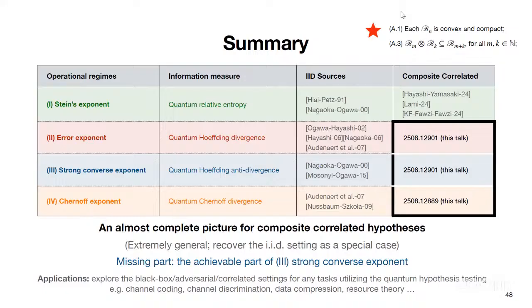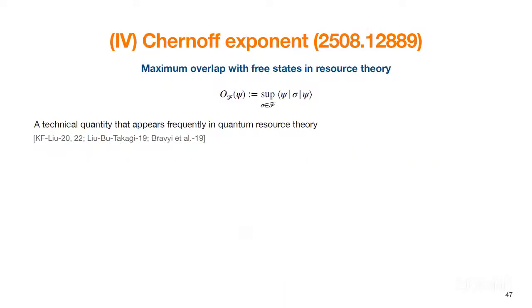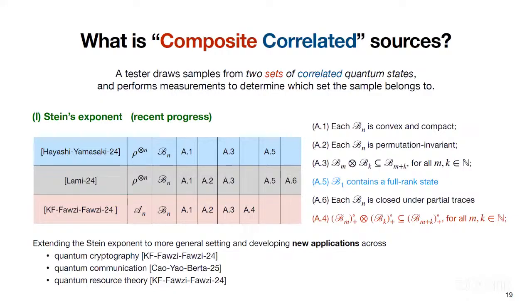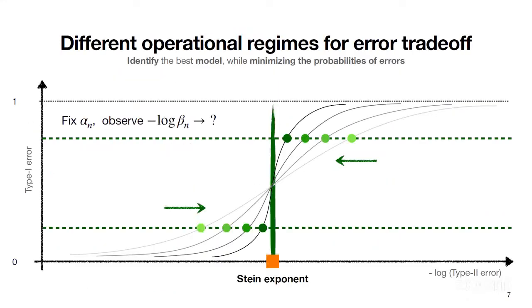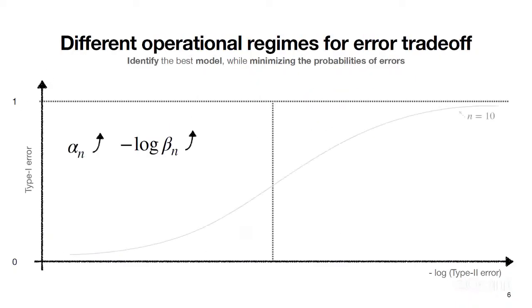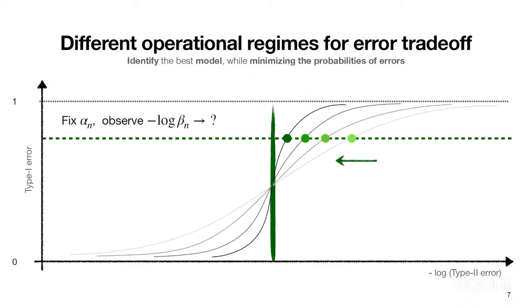Firstly, you cited several papers in the IID case, Nagaoka and Ogawa, but the first author is Ogawa. At that time, Ogawa was a PhD student and Nagaoka was the supervisor. So you should change that order. Which one is for Hoeffding?